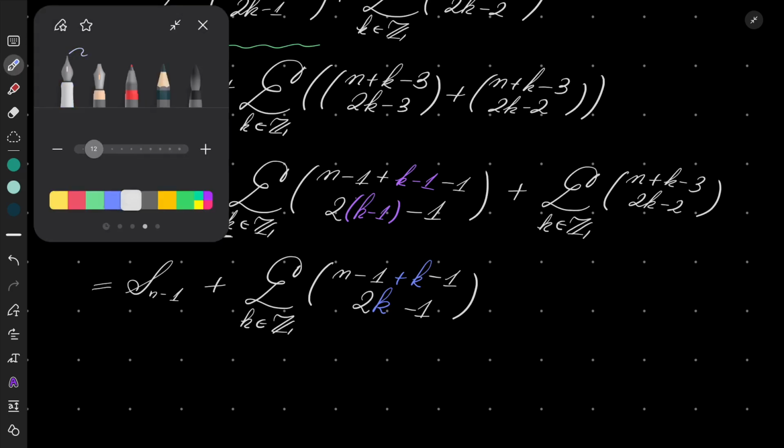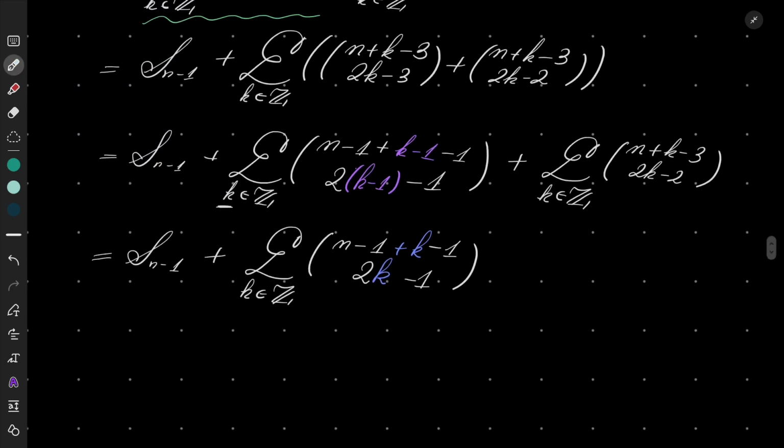Okay, and what about the second sum? Well, I will use my recursive formula for binomial coefficients once again.